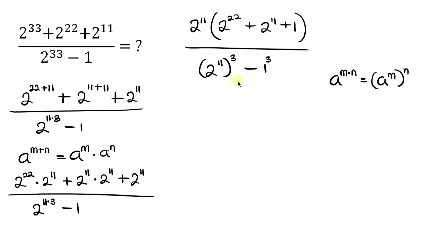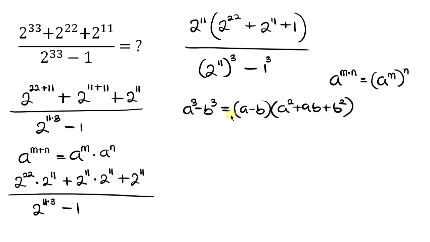So our next step will be for us to apply the property of difference of two cubes, which can be written as, for example, when I have a cubed minus b cubed, this is equal to (a minus b) times (a squared plus ab plus b squared). So let's apply this property to what we have here.